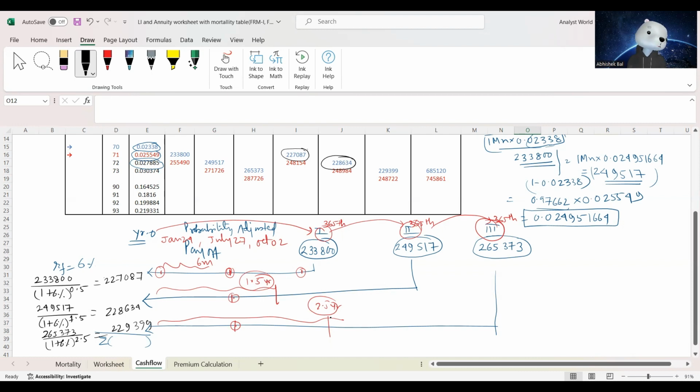So if we have correctly discounted, these are going to be the likely payouts.